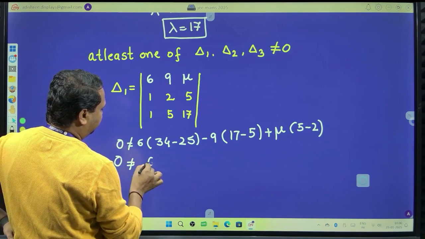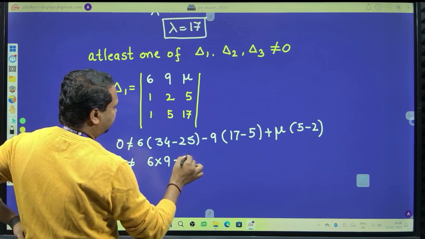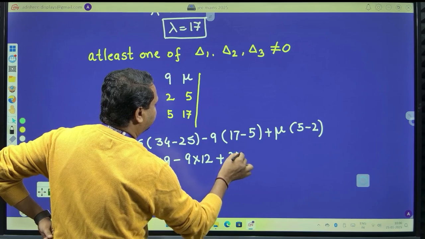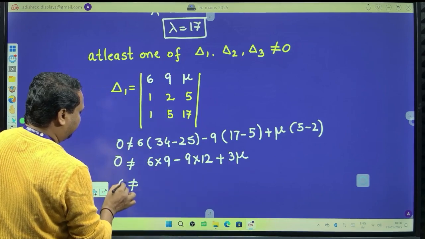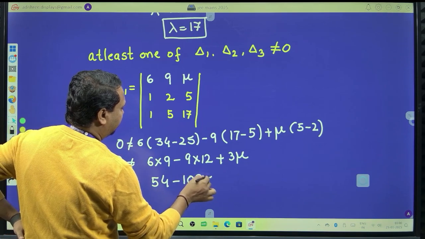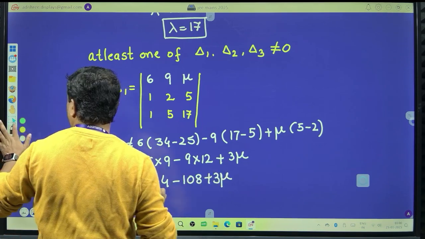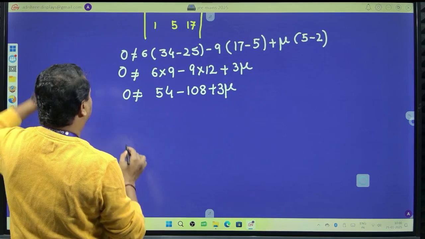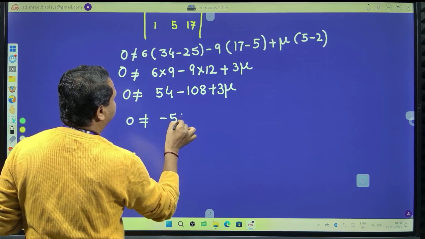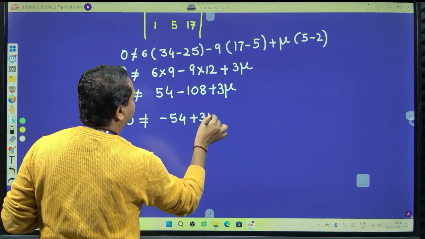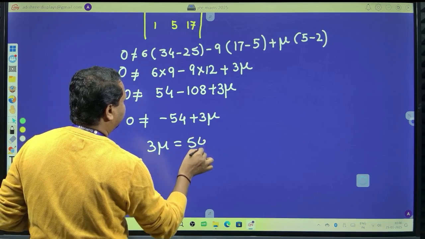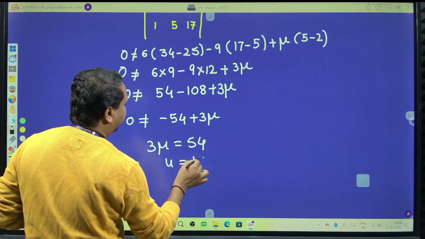So 6 into 9 minus 9 into 12 plus 3 mu, which is not equal to 0. 54 minus 108 plus 3 mu, and again not equal to 0. The difference is minus 54 plus 3 mu, right? Therefore, 3 mu is equal to 54. Therefore, mu must be equal to 18.